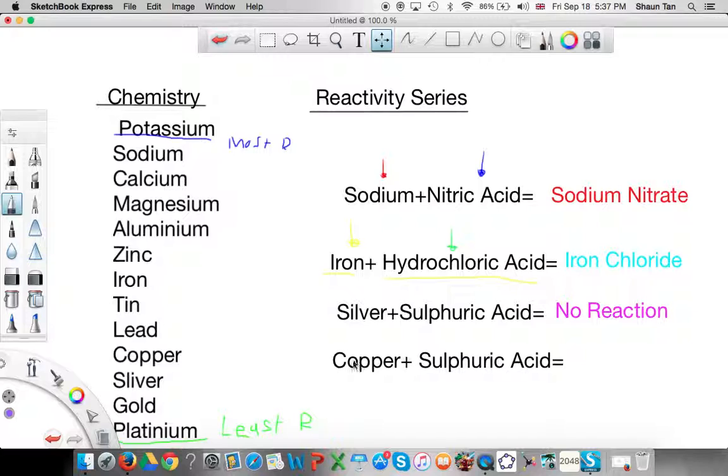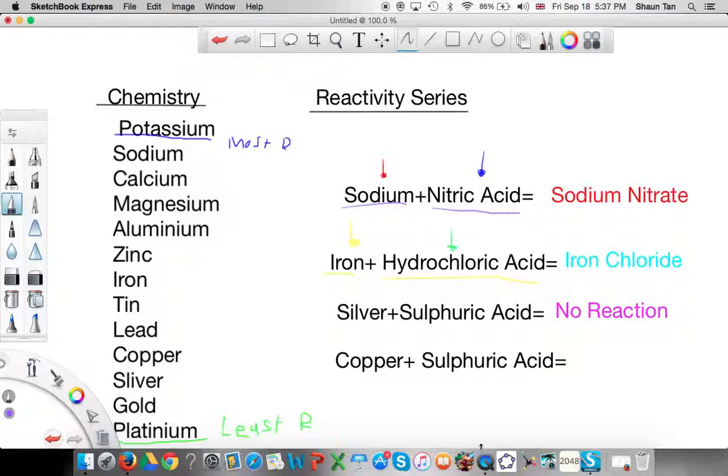Here we have copper plus sulfuric acid. Now I'm going to be writing it. So, we know copper is here in the reactivity series, and it's just below silver. And I know that silver, we did it before, doesn't work. So, in that case, I'm going to show you how to do this.